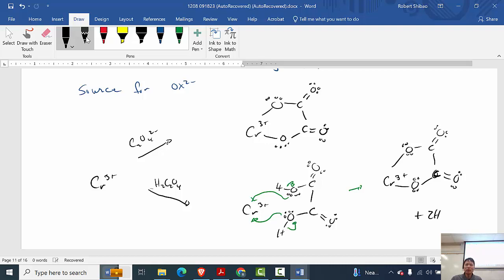And then the two H pluses get knocked off. So both the oxalic acid and oxalate can react in the same manner.